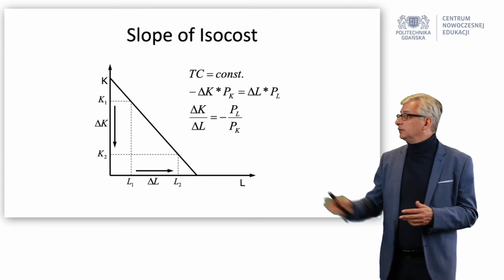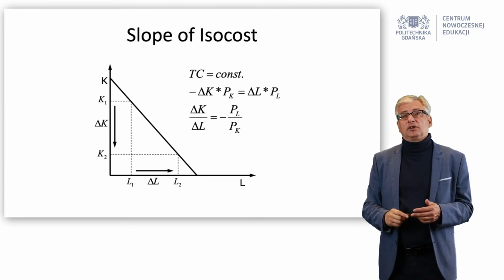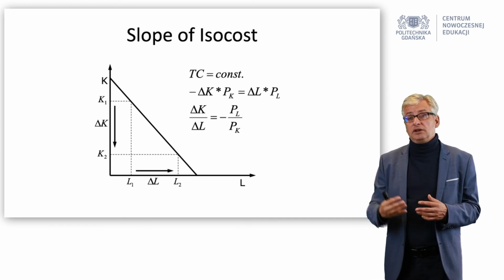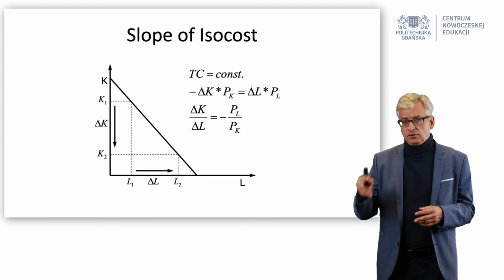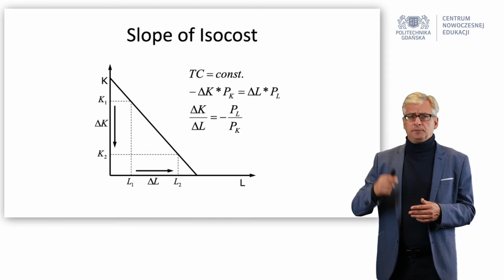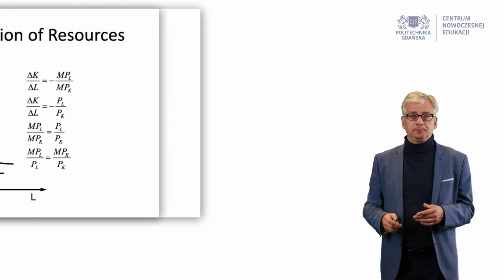It's negative. You can see the slope here is negative, obviously, right? So the slope of the isocost depends on the relation between the prices for labor and for capital. Yet again, a similarity to the idea of the budget constraint line.